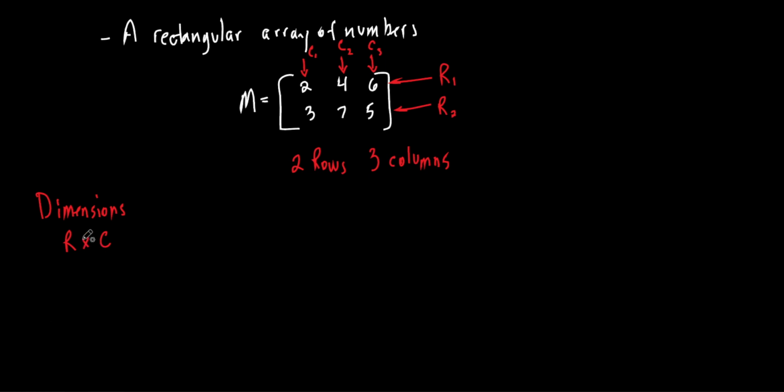It doesn't really mean multiply. It just means rows and columns. So in this one right here, you've got 2 rows and 3 columns. We would call this a 2 by 3 matrix. So 2 rows and 3 columns. Make sense?